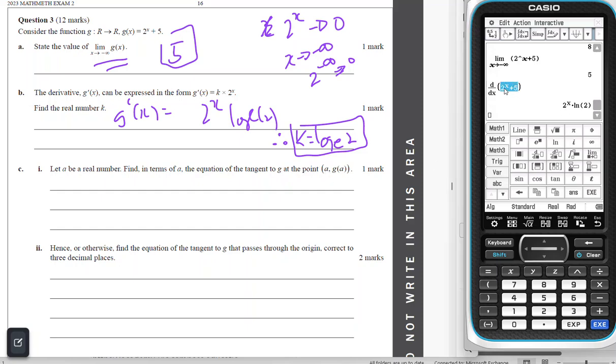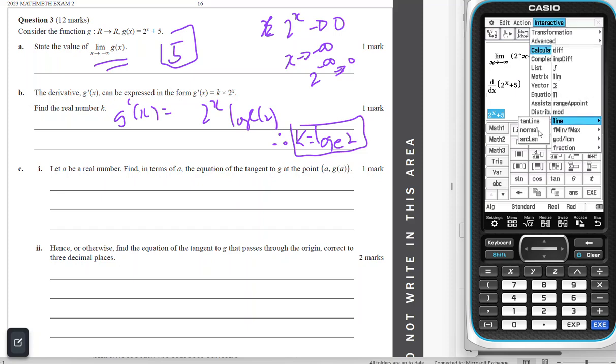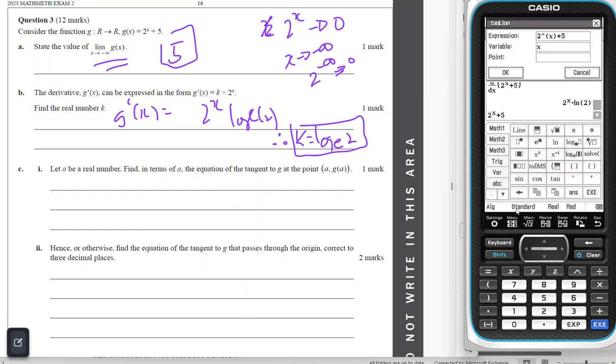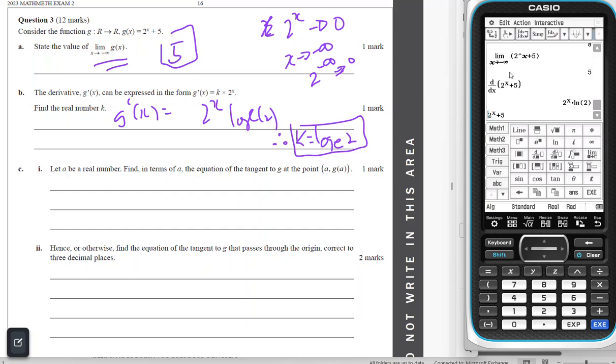So if I take this and I wish to calculate a tan line at x equals a, I get that expression. Okay, so this is the bit that's got an x in it.